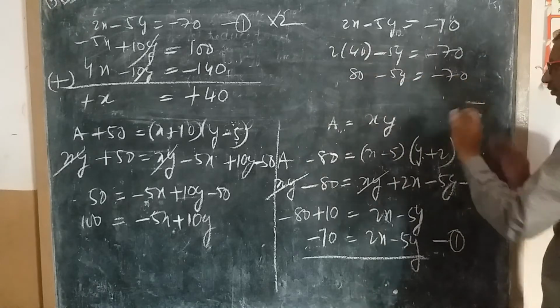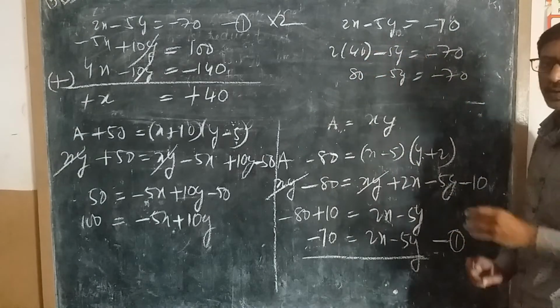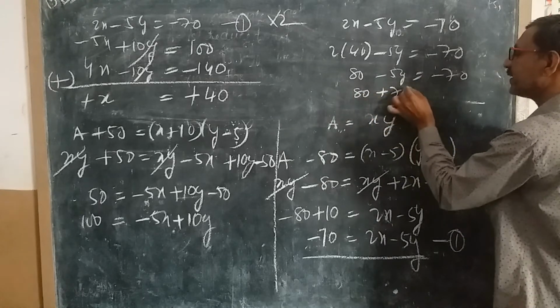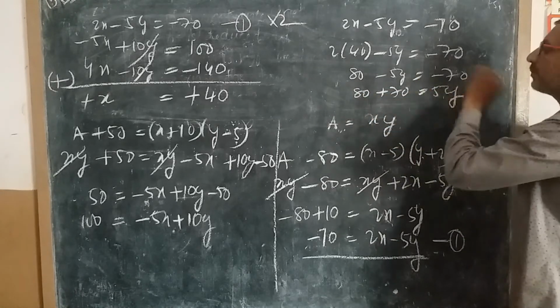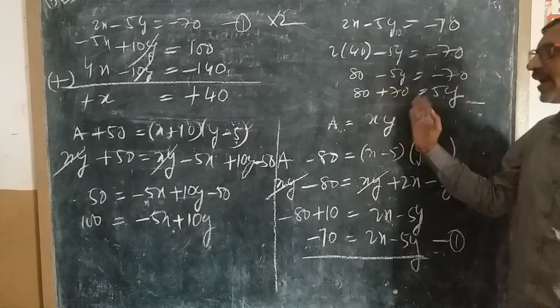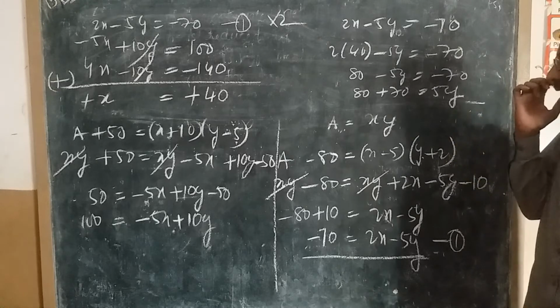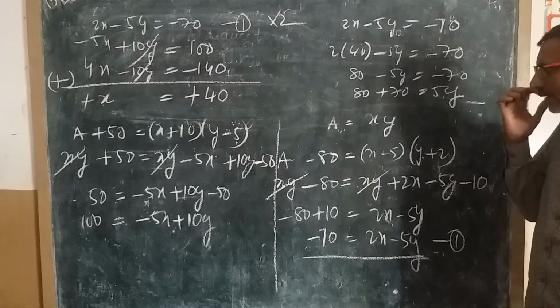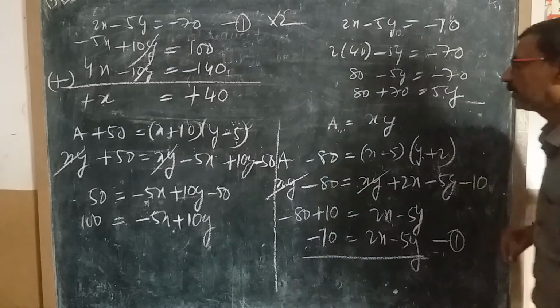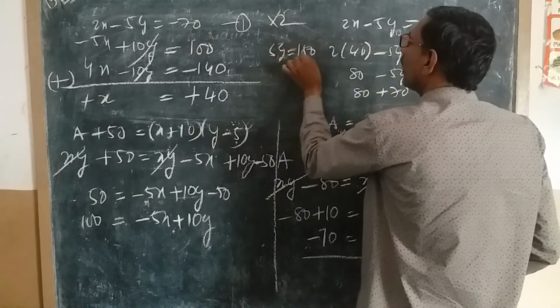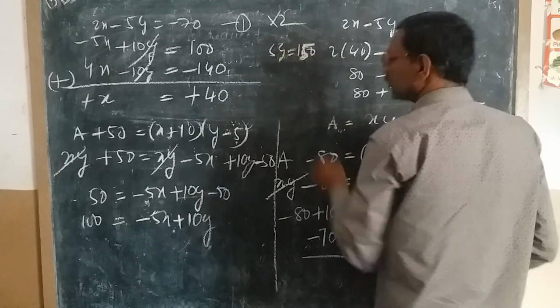Then transpose this one to that side. So 80 plus 70 is equal to 5y by transposing this side. So 80 plus 70, how much? 150, right? So 5y is equal to 150. Keep in mind this is 150.